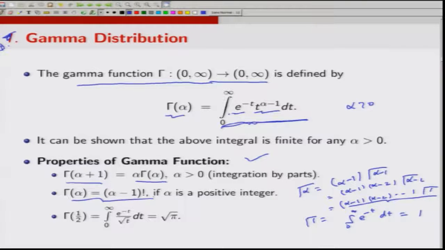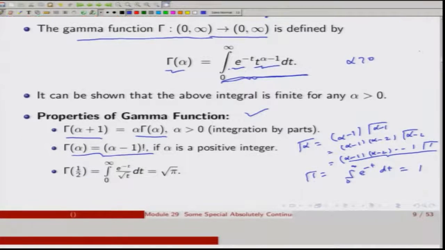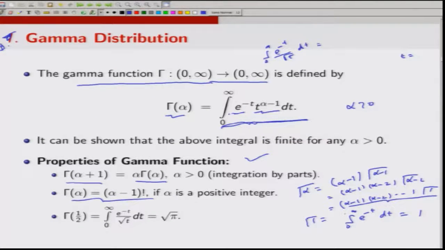Now, one can see gamma half is the same as integral 0 to infinity e to power minus t by root t dt. If one has to do this, what one does is, let me put t is equal to x square.